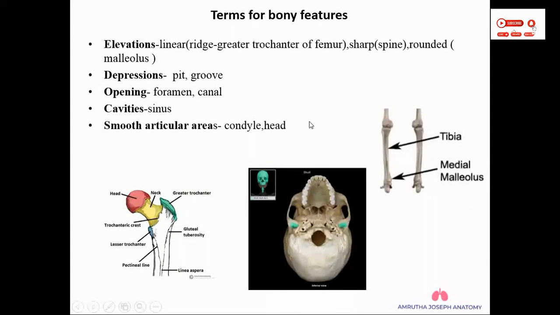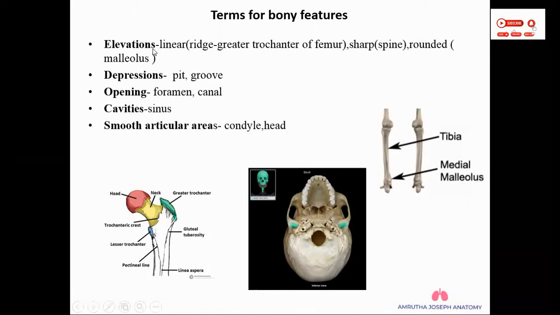Now, talking about terms for bony features or bony structures, your bone is not always smooth. It has irregularities. It can have elevations, depressions, openings, cavities, or smooth areas. We have defined each of these in anatomical terms.